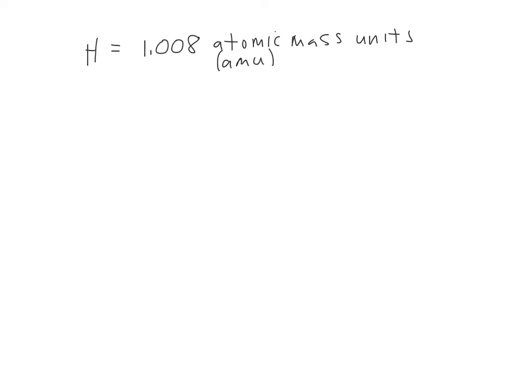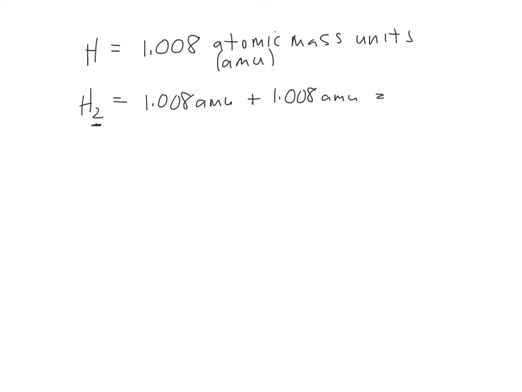If I have a molecule that is composed of two hydrogen atoms, in this case it's molecular hydrogen, then in order to determine its weight, because I have two hydrogen atoms, I'm going to take the atomic mass of one and add it to the atomic mass of the second.